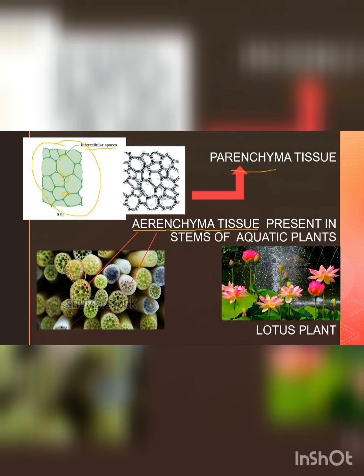You see here, small holes are present in the stem of a lotus plant. This feature occurs in aquatic plants. This is a lotus plant, an aquatic plant that lives inside the water. Why does it not drown? Because of the presence of air spaces in its parenchyma tissue.